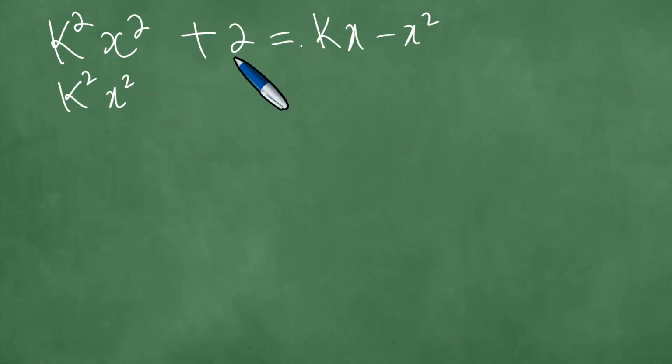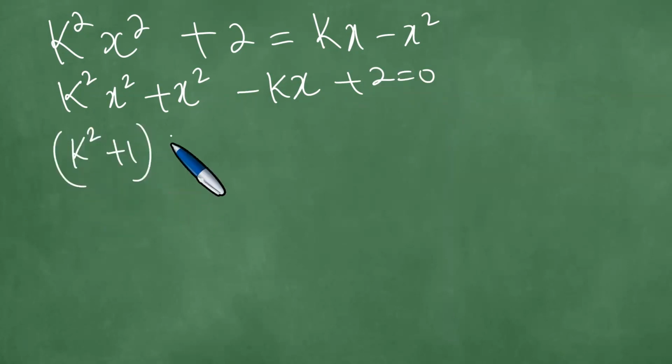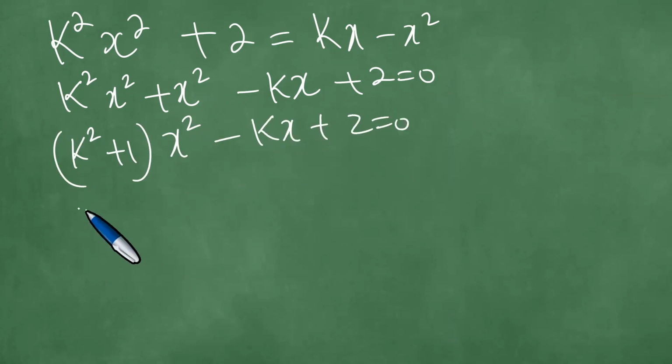You move the x squared to the other side so that you have the x squared terms, and then you have minus kx, the kx moved across, and obviously it attains a negative, and we have plus 2 equals 0. K squared plus 1, x squared minus kx plus 2 equals 0.